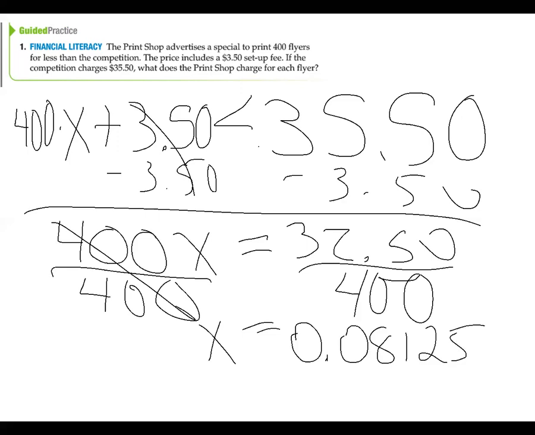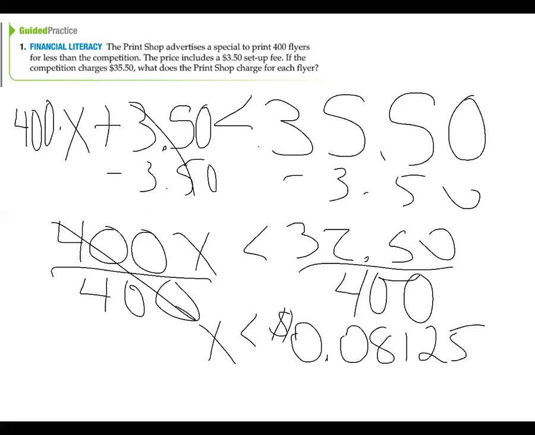Now, what's that mean in context of the problem? Well, since we're dealing with money, the 0.08125 in terms of money would be 8.125 cents. But you really don't, you either have 7 cents, 8 cents, 9 cents, 10 cents. You can't talk about like part of a penny. Okay? So I accidentally wrote equal signs in there. They should be less than.